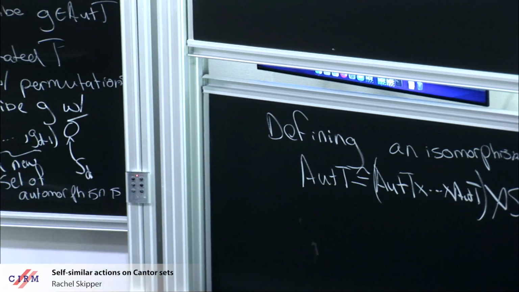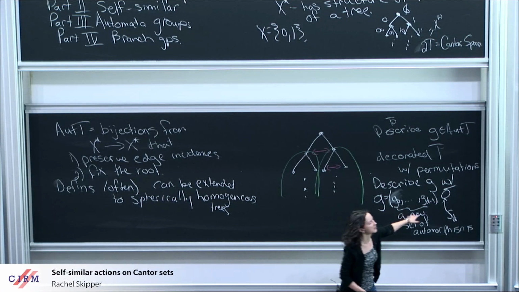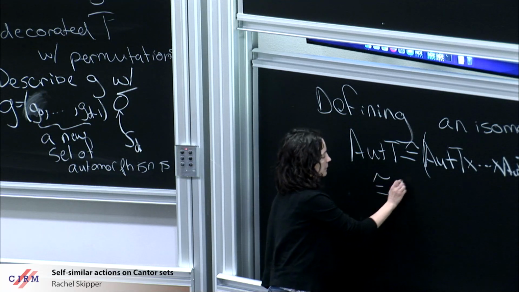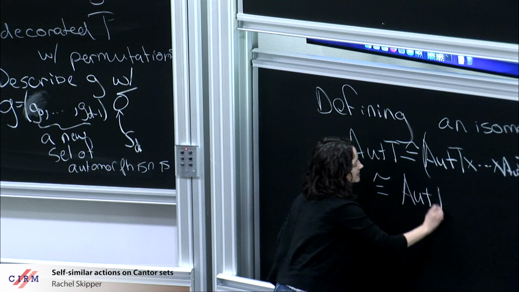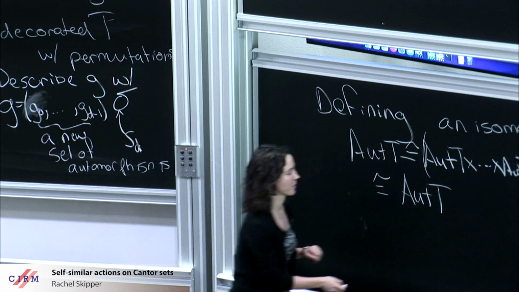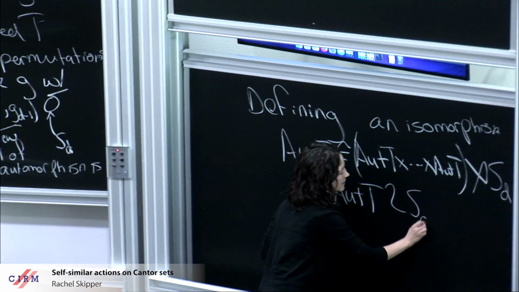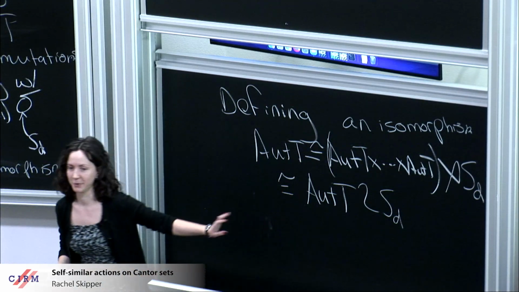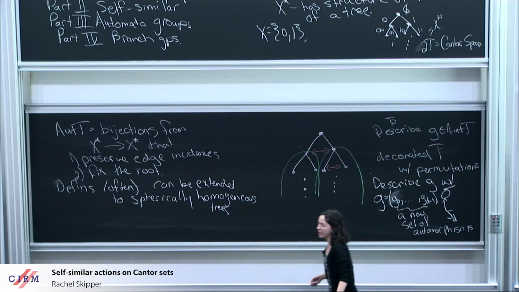And so this tells you how multiplication will work in this group. We'll do a concrete example in a moment. The action here is to permute these coordinates around. And if you're familiar with wreath products, what we're really saying is that T is naturally isomorphic to the wreath product of the symmetric group on D letters with T itself. And this is what we're going to be taking advantage of here.